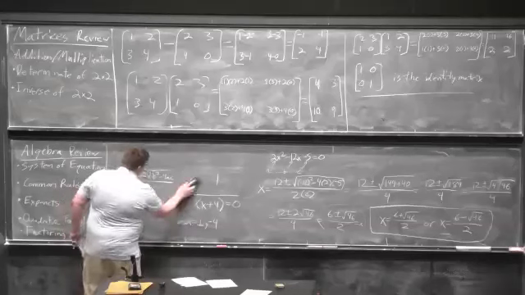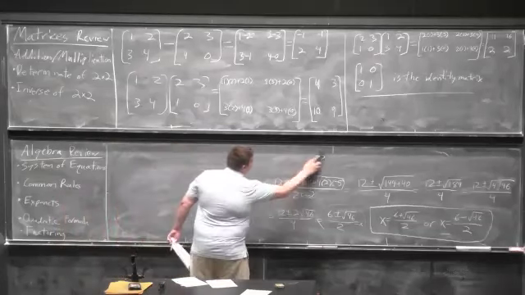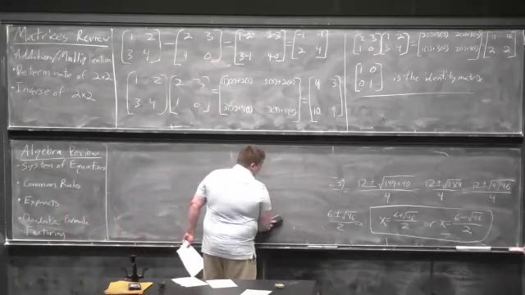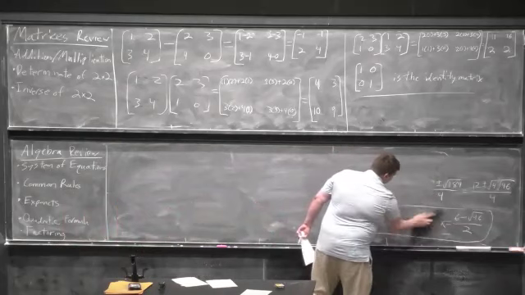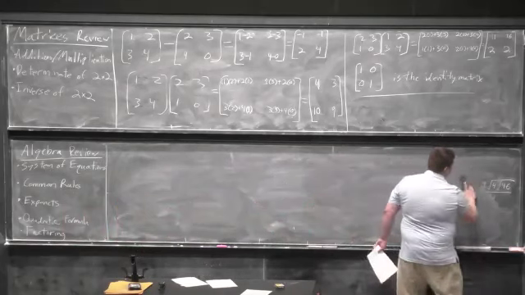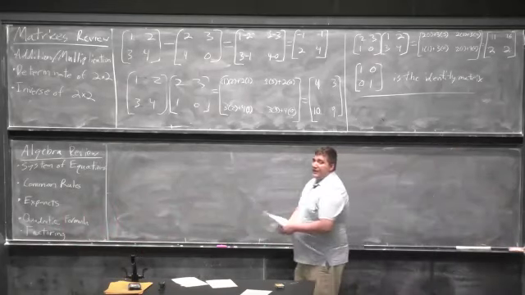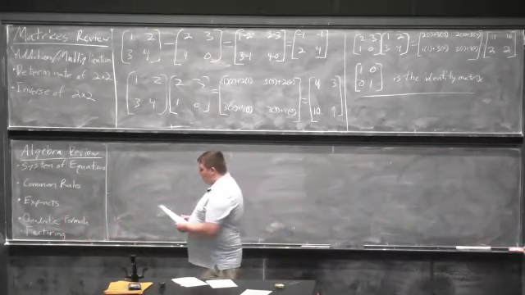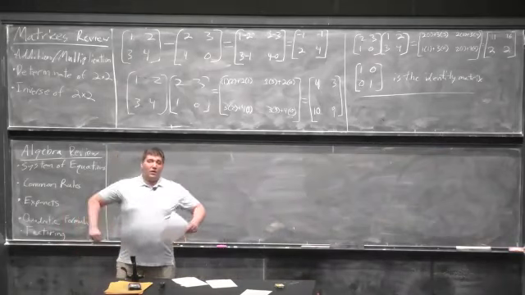Unlike the real numbers, where whenever I have a real number besides 0, I have an inverse. If I have 4, I can divide by 4 and I get 1. That's not always the case with matrices. You can't always get back to the identity.